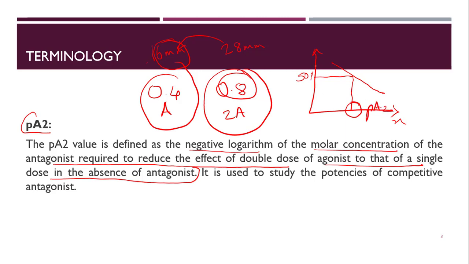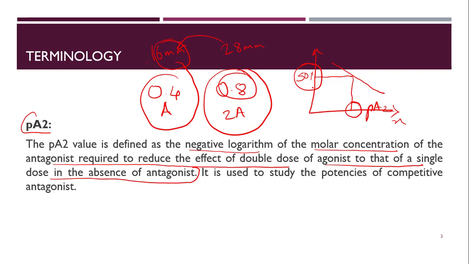So why have we selected 50%? Because we want to have the response height of the double dose of the standard, so that we will get the original standard response height, and we are trying to find out at which concentration of antagonist it happens.